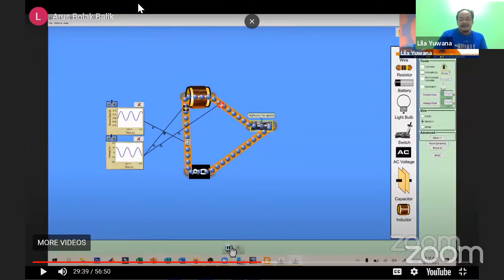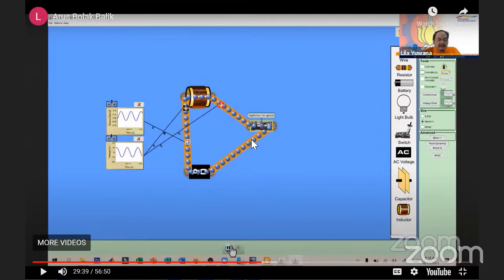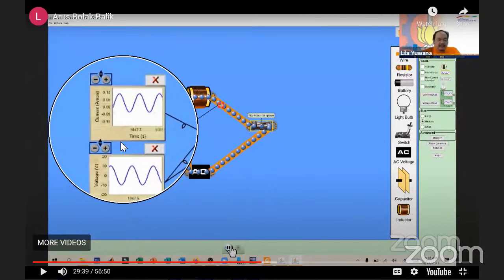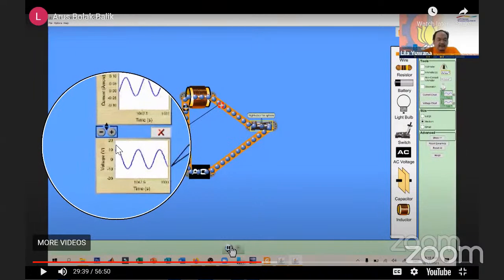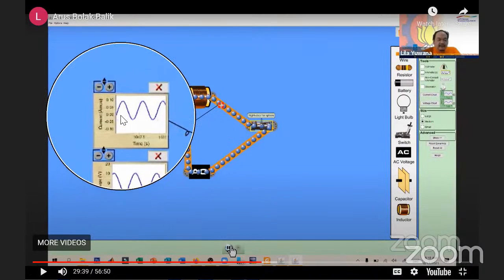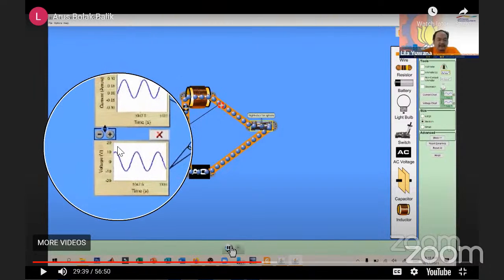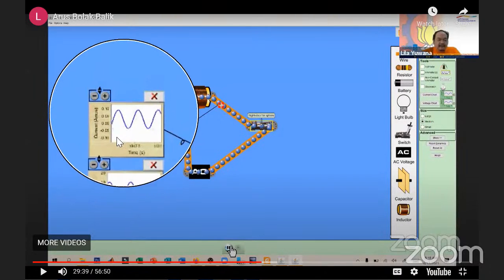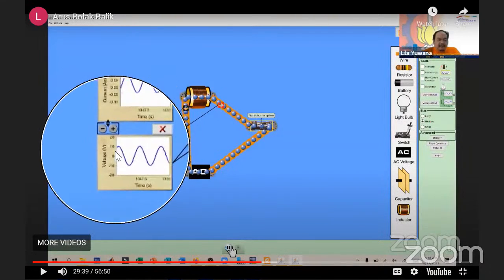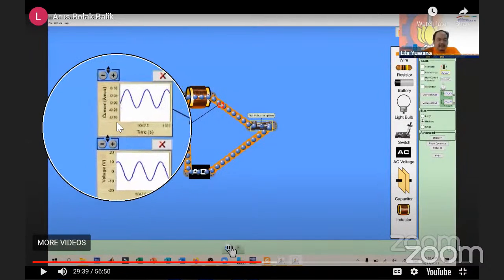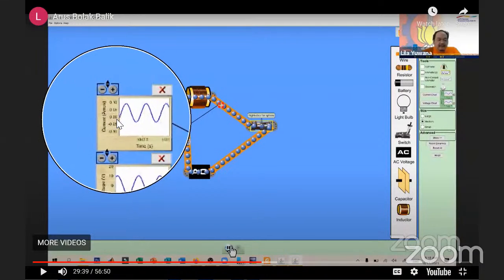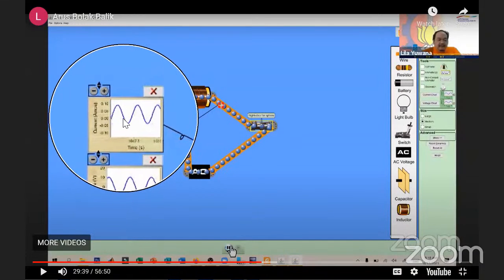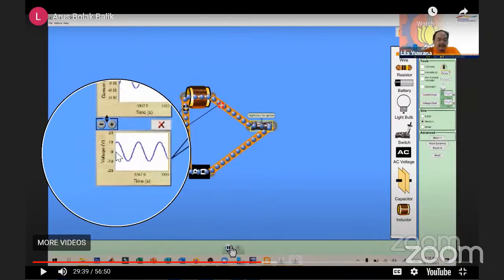Okay, everyone, you can see here the voltage reaches the maximum point after the current. So there is a lag between current and voltage. And we can say that the current has a lag from the voltage.